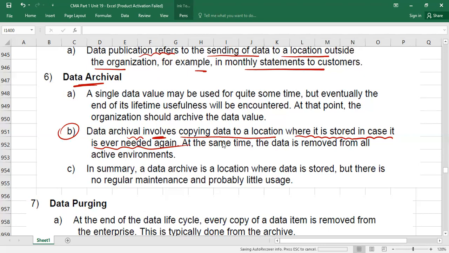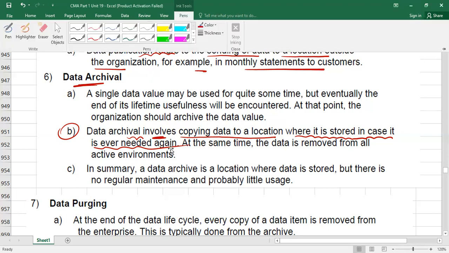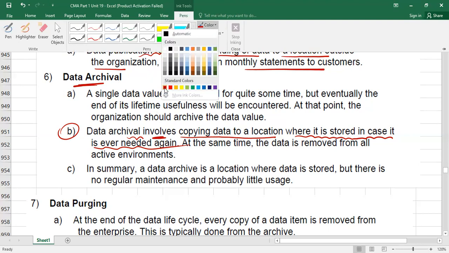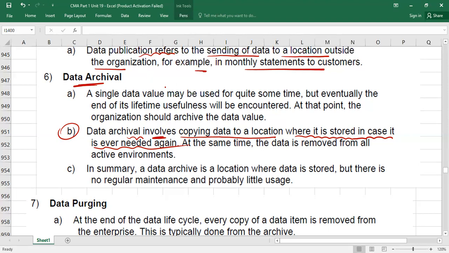It means you are copying data to a location where it is stored in case it is ever needed again. At the same time, data is removed from all active environments, because from the active system you have moved this data to archival. When you are doing archivals, you are storing, duplicating, copying the data. Obviously, here you might have retention policies also.